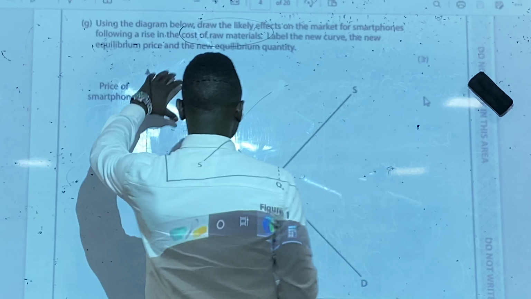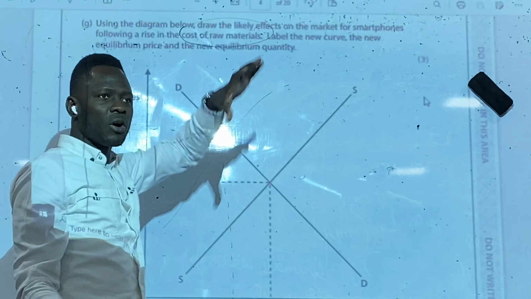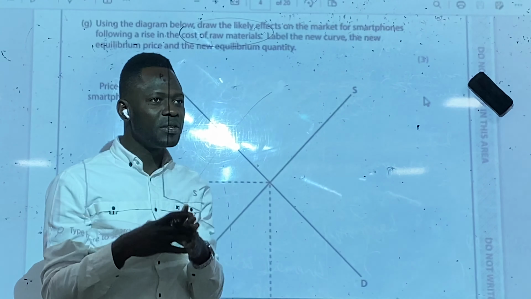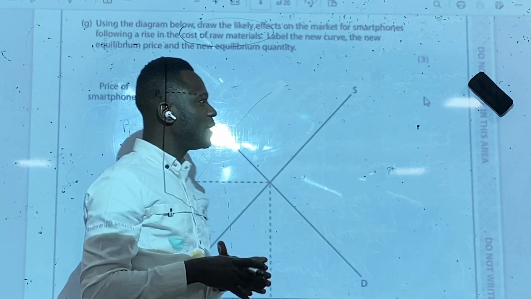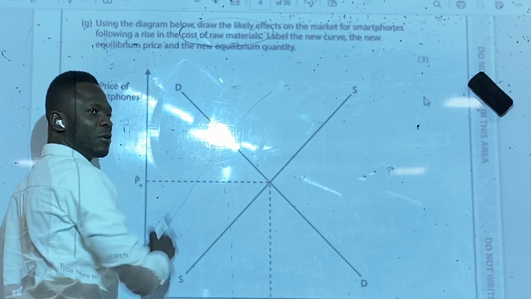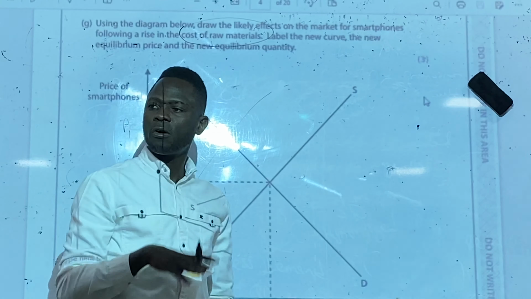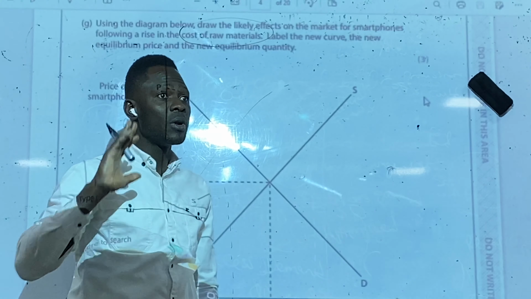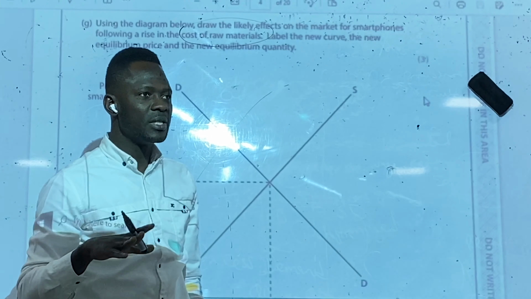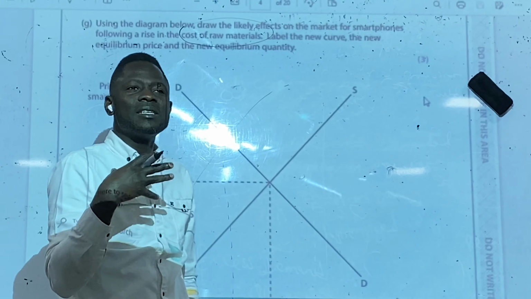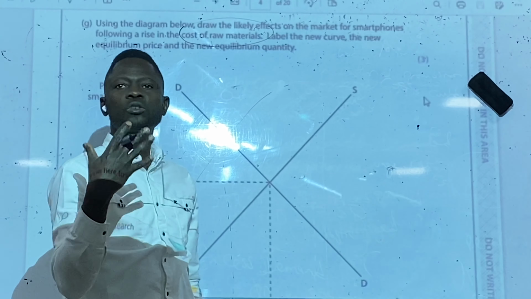We have cost of raw material. The cost of raw material is a factor that will shift the supply curve leftward or rightward. Now they said there's an increase in the cost of raw materials, which means the cost of production will rise. As the cost of production increases, firms don't have the incentive to produce more.